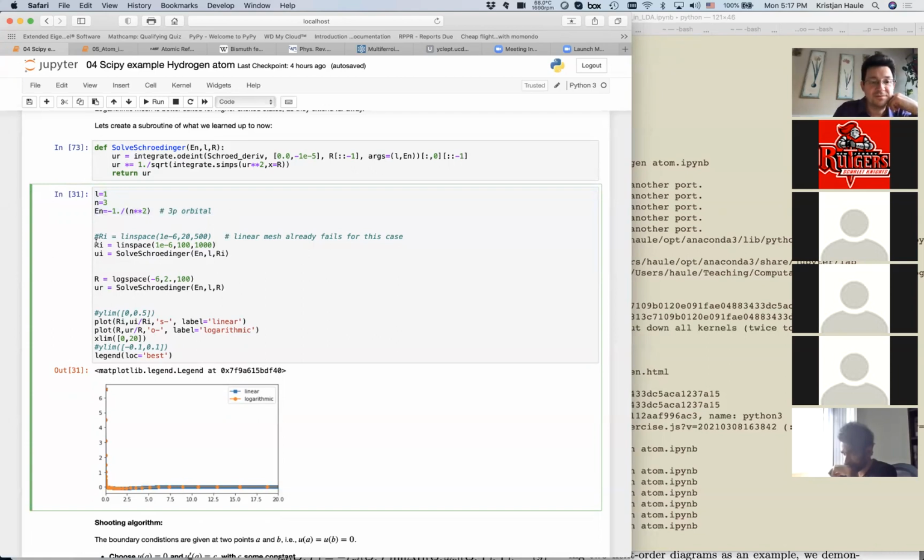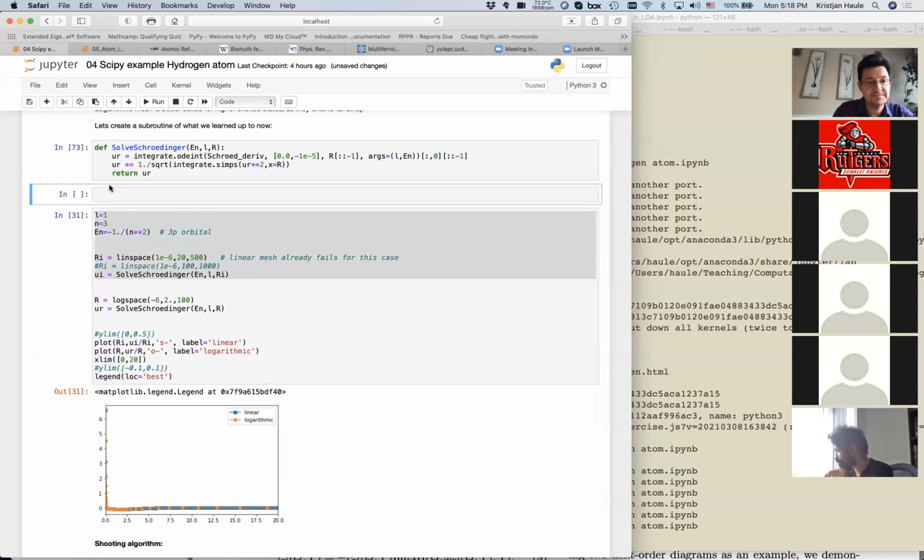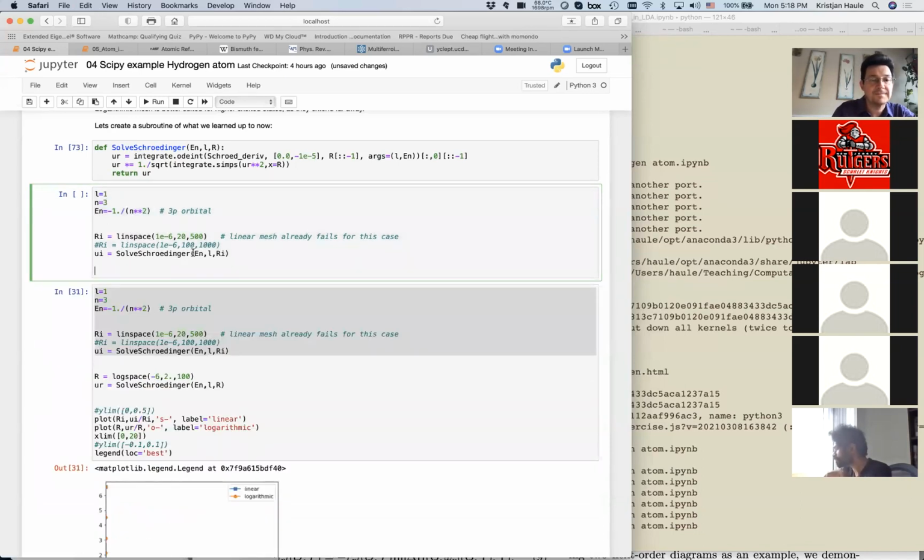Does this thing work? Well, first I want to take here the same mesh that we used before. So just this. Let me do this in another cell, like this.